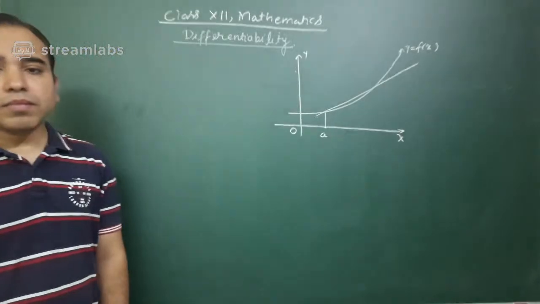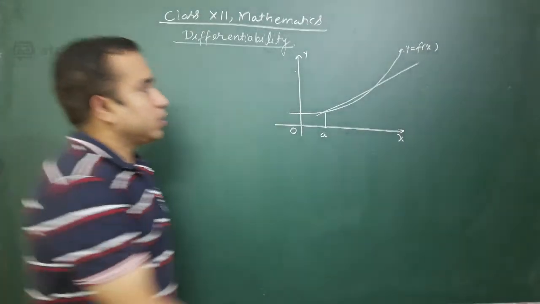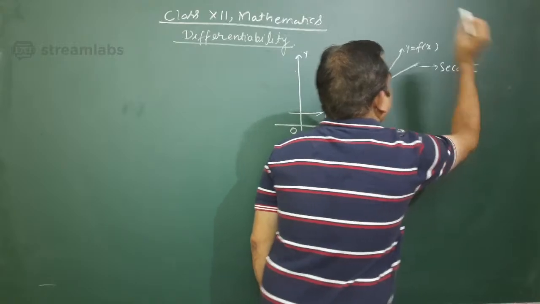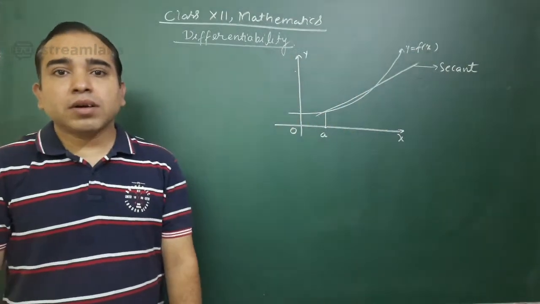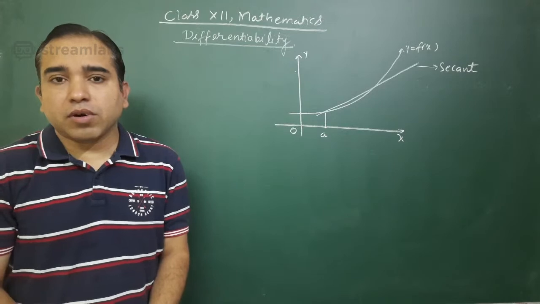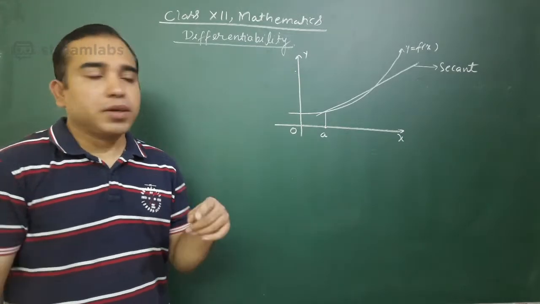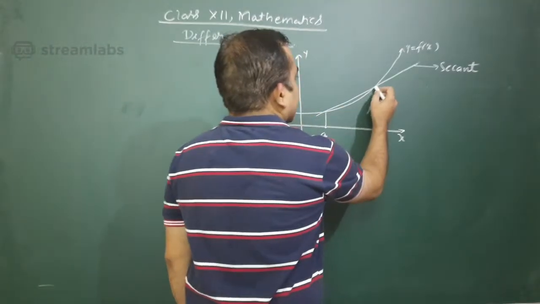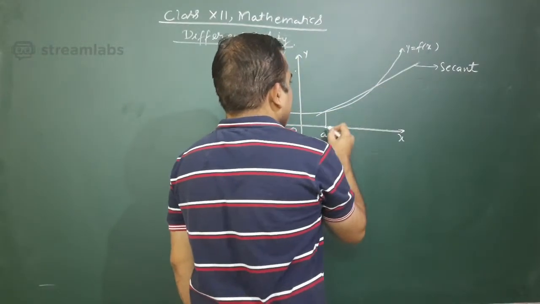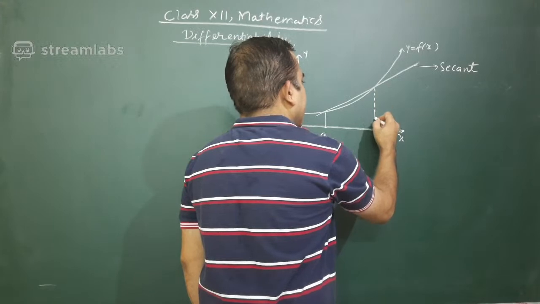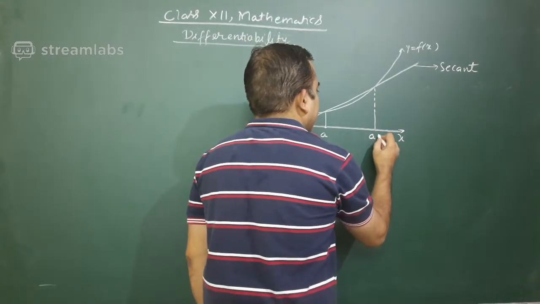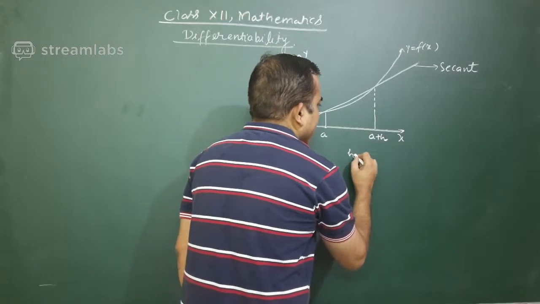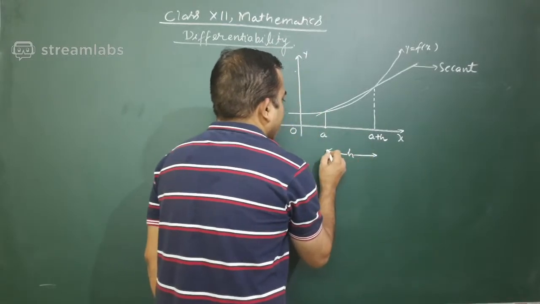Because for a tangent, touching the curve, the intersection point is only one. If more than one point of intersection, it is a secant. And say this point is at h distance, and say this point is a plus h. So its meaning will be that the in between distance will be h.